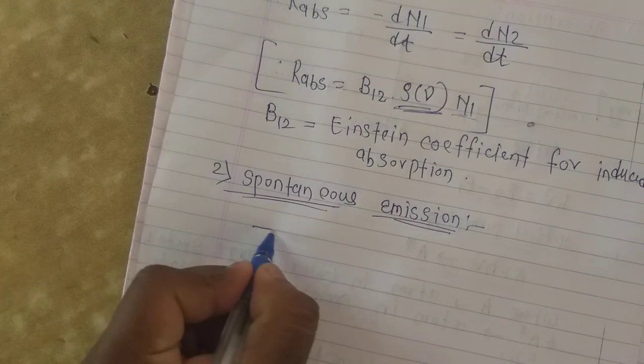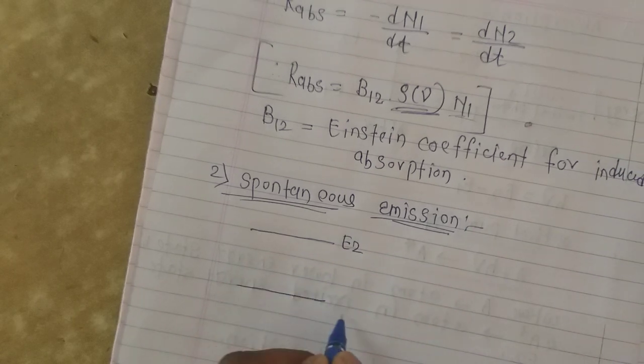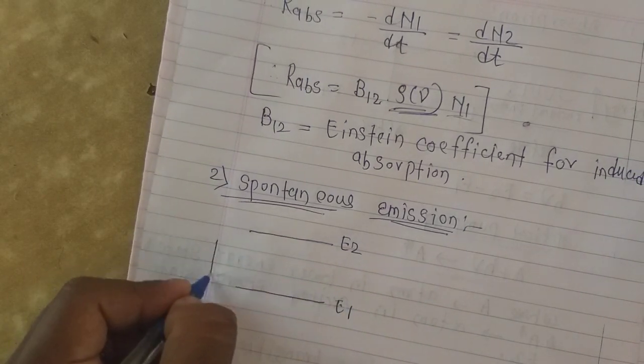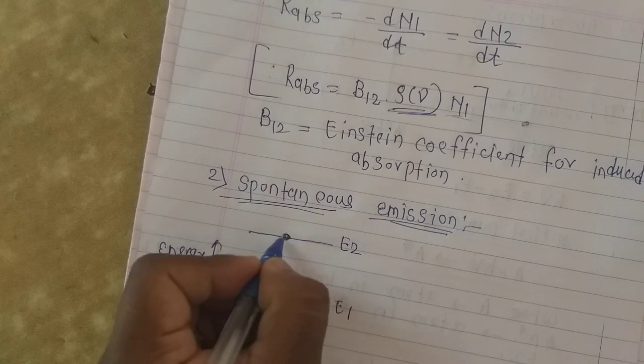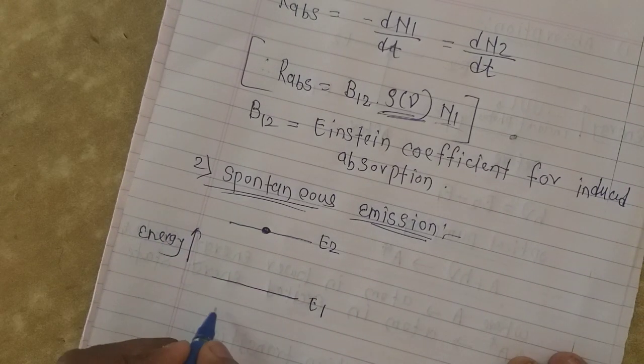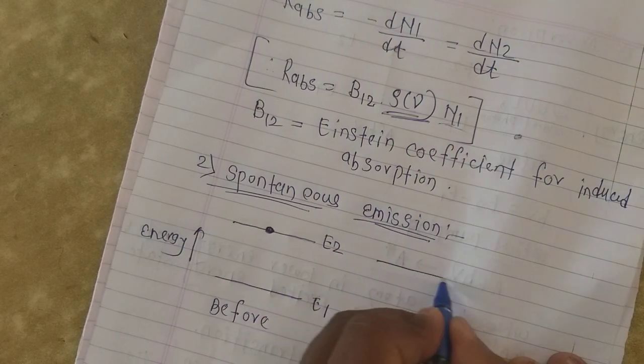Let's see the diagram. Consider a two level energy diagram, that is E2, E1. This is the excited atom, this is the before and after.